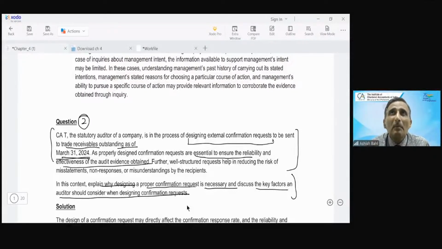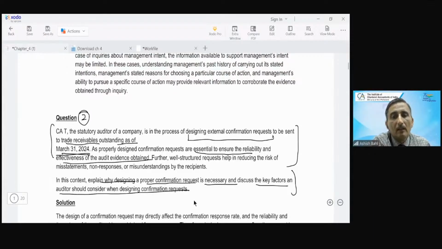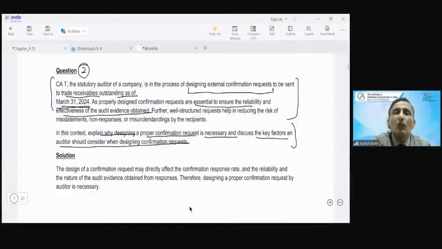So the basic purpose is that the request is understood in the right perspective. So what information the auditor is asking, that should be conveyed to the responding parties in clear terms. Okay. So it would increase the response rate also.